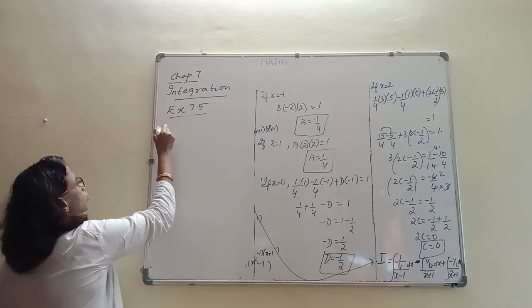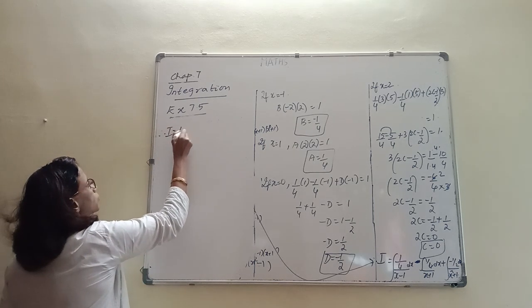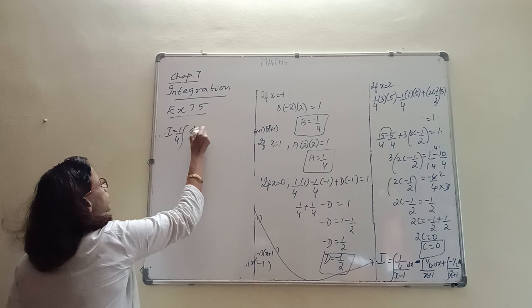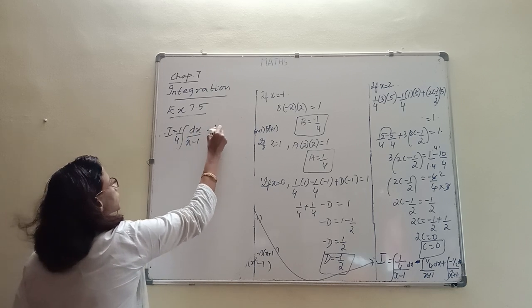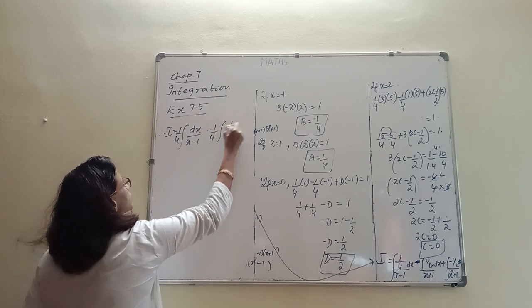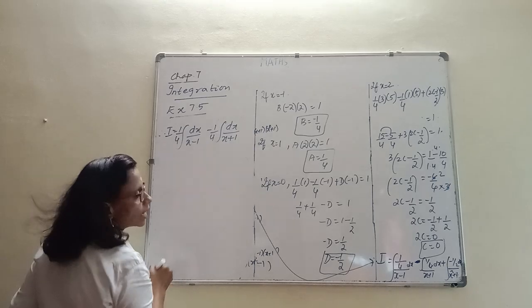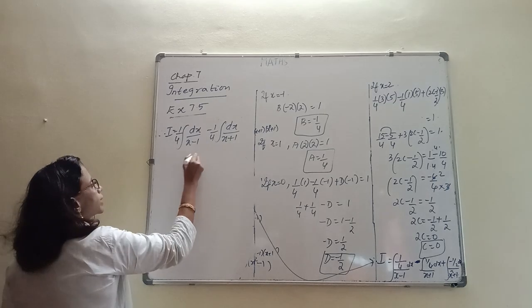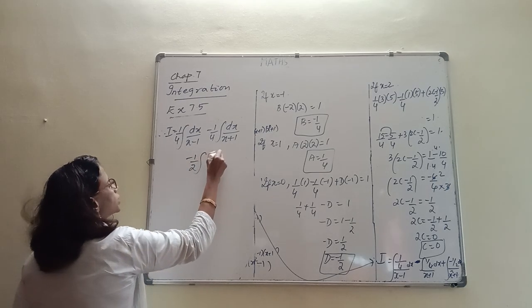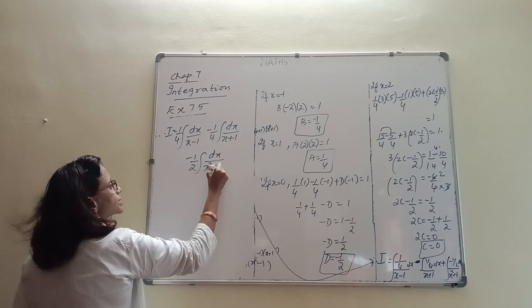So I now becomes 1 over 4 integral of dx over x minus 1, negative 1 over 4 integral of dx over x plus 1, and negative half integral of dx over x squared plus 1, as easy as that.